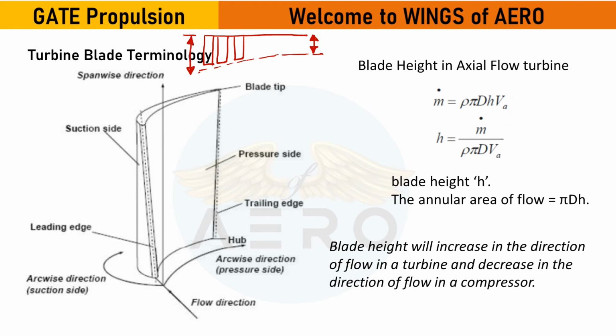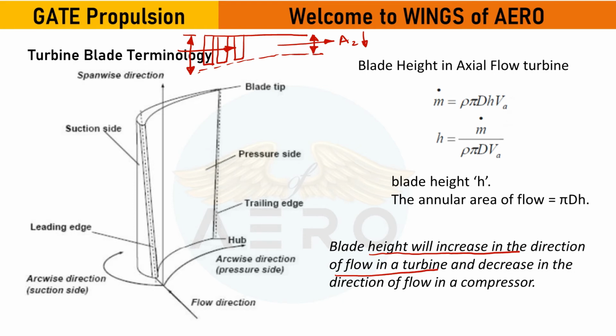When the flow enters the compressor and leaves, the area also decreases. But in case of a turbine, it is just the reverse. The blade height increases in the direction of flow in a turbine, just the reverse of what you have seen in the compressor.